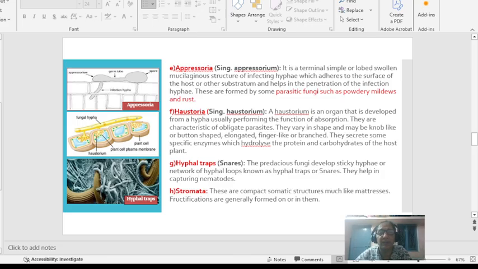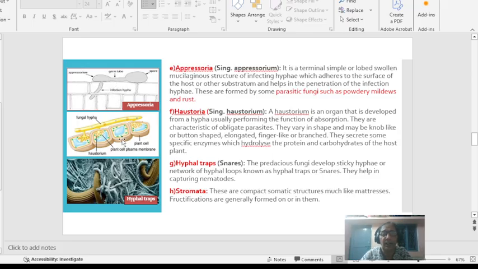Another type of mycelium we call appressoria, which in singular is appressorium. It is a terminal, simple, lobed, swollen, mucilaginous structure of infecting hyphae which adheres to the surface of the host, and these are formed by parasitic fungi such as powdery mildew and rust.